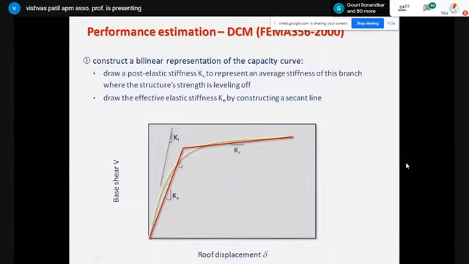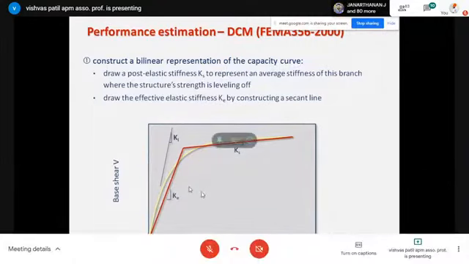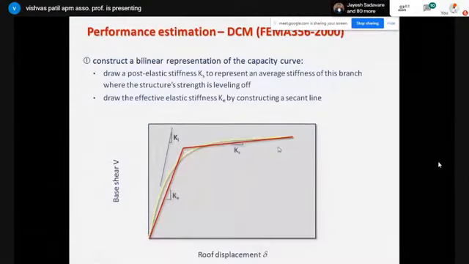This is the base shear at yield. And this line should pass through a point equal to 0.6, that is 60%, of the base shear at yield. So this line should be passed in such a way that this point is 0.6 of this total.